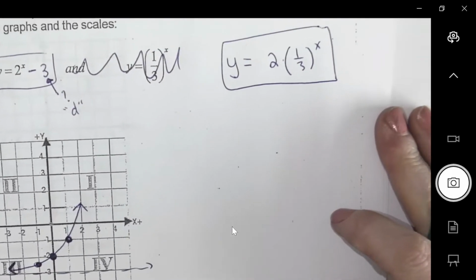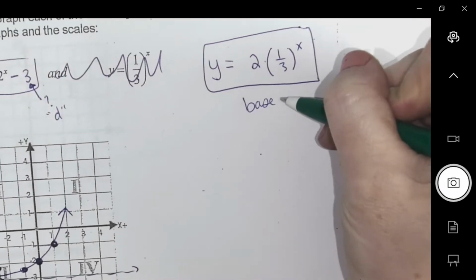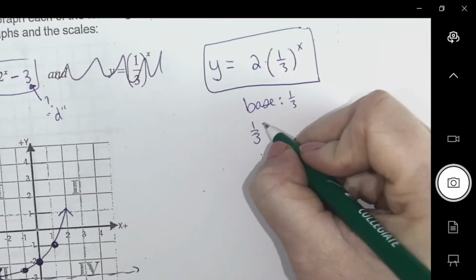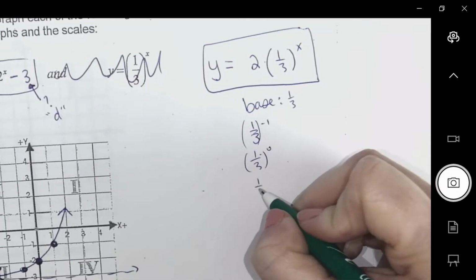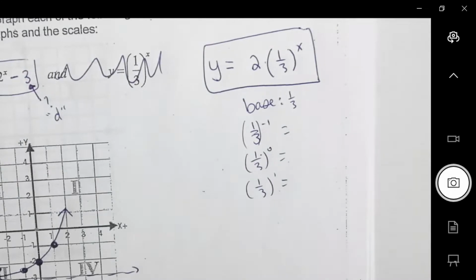Okay. Then this one. What is your base? Your base is 1/3. So 1/3 to the negative 1, 1/3 to the 0, 1/3 to the 1. Okay, so I do it every time. What's the base?